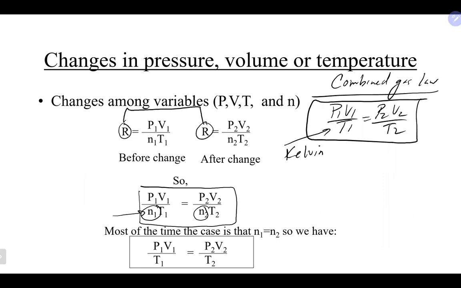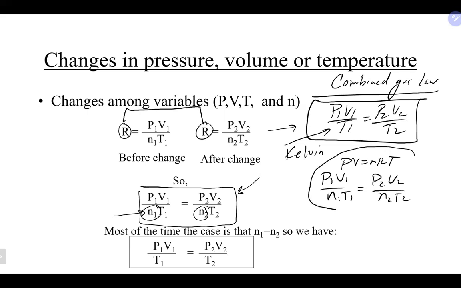If I had to choose to remember two gas laws, perhaps I would choose to remember the ideal gas law, PV equals nRT, and I would actually choose to remember the combined gas law. Actually, I might even choose to remember it in this version here, which is P1V1 over n1T1 is equal to P2V2 over n2T2.